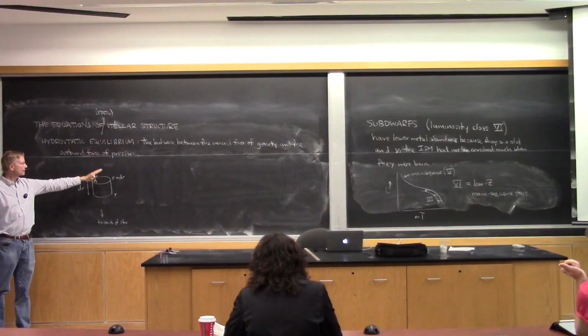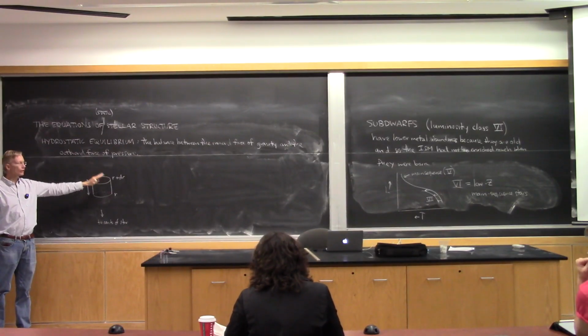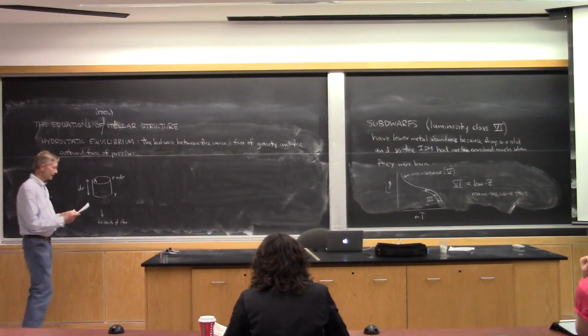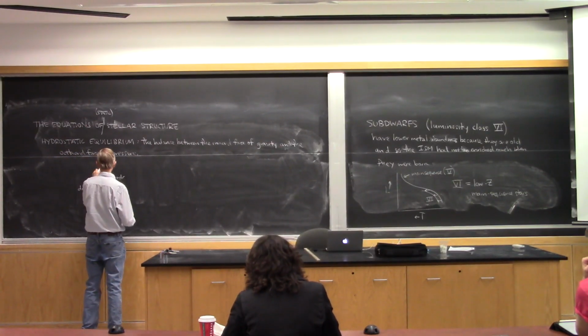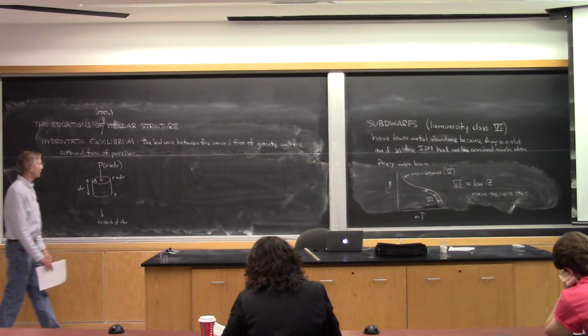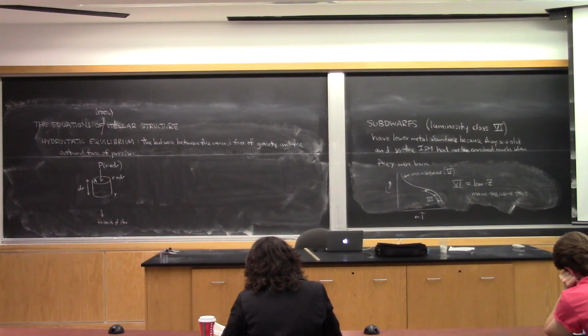So the gas outside the cylinder pushing on its top surface is pushing downwards via pressure. So we say that there is a pressure force, and it's the pressure evaluated at r plus dr, because that's at a distance r plus dr from the center of the star.